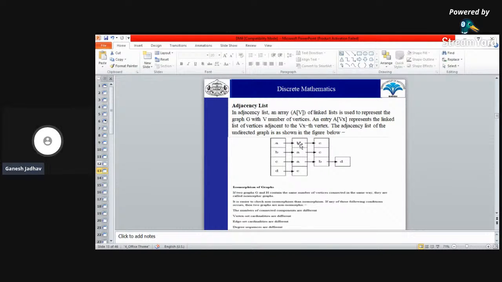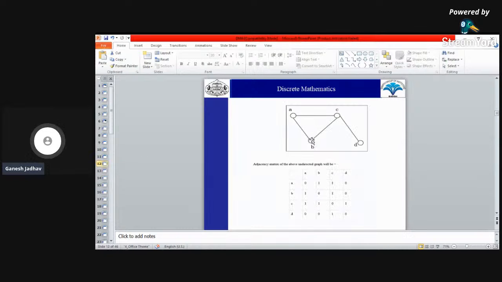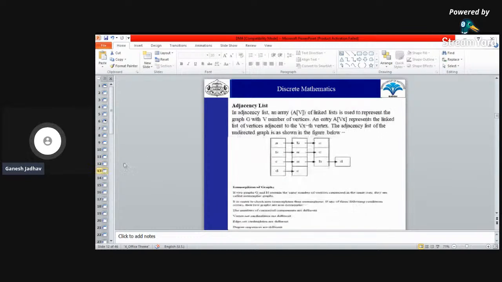So A has an edge to B and an edge to C also. Then B has an edge to A and an edge to C also. So simply you write A and C. Then the third node.